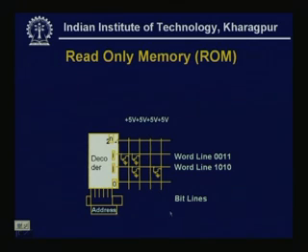See, these are the addresses, and if there are n address lines, then this will be 0 to 2 to the power n minus 1, that many number of output lines.